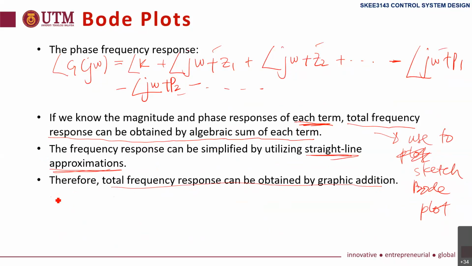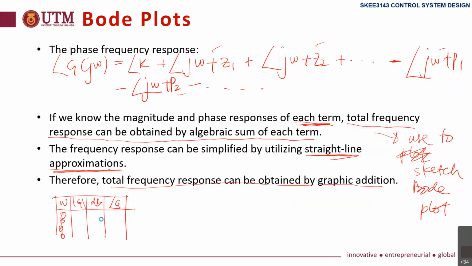Remember the table in which we have omega, the gain in dB, the phase. In order to plot, we need to obtain many data of omega here, which we will not be able to do.